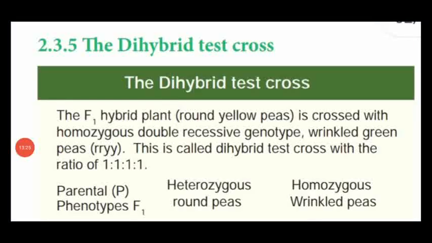Dear students, I hope you have all understood what the law of independent assortment is, how the dihybrid ratio proves the law of independent assortment, and also the molecular explanation of wrinkled peas. Next we are going to see the dihybrid test cross. Dear students, we have also seen the monohybrid test cross with homozygous and heterozygous.